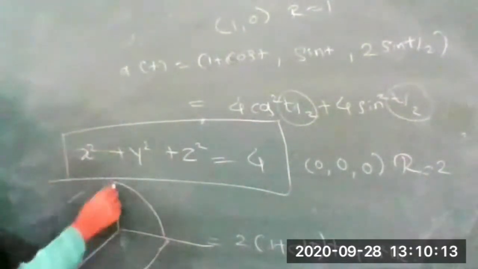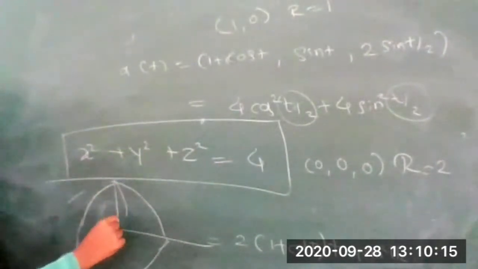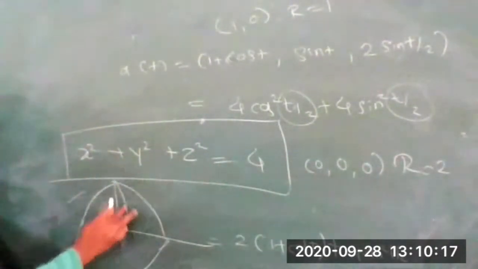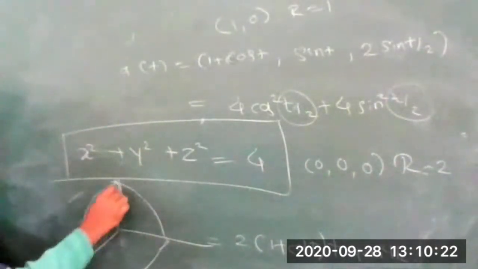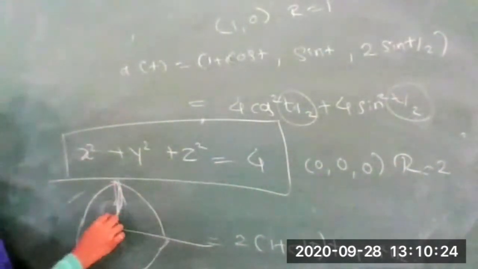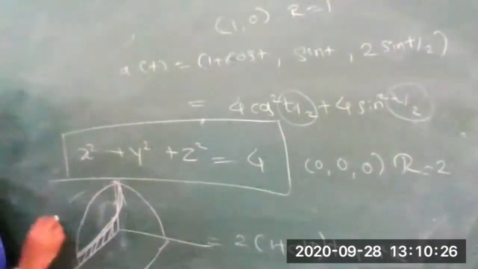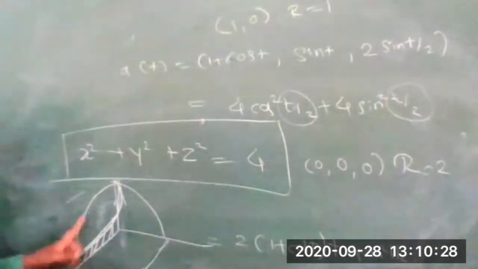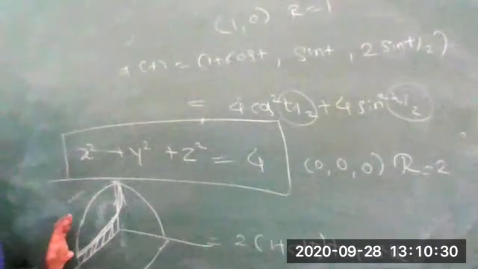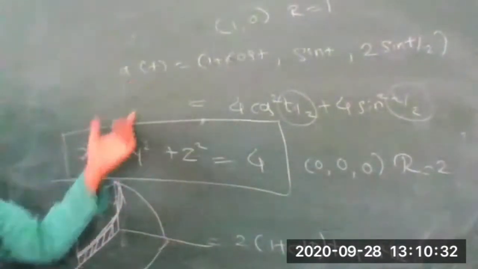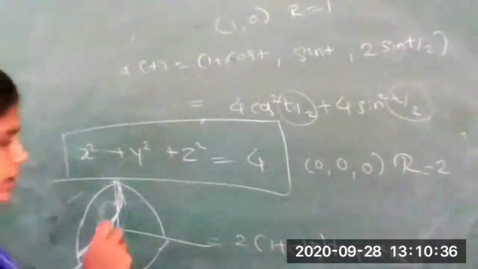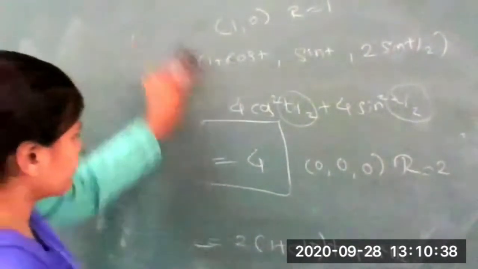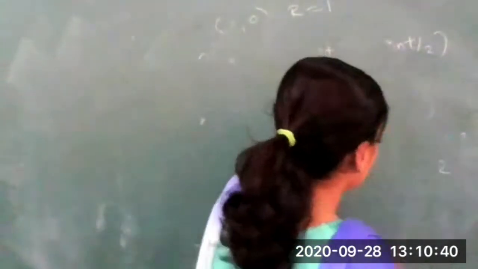This is a small part of a sphere, and somewhere here you will have the intersection of a helix and the sphere. Okay, so whatever the curve alpha of t we are having, this will be the intersection of a sphere and helix.